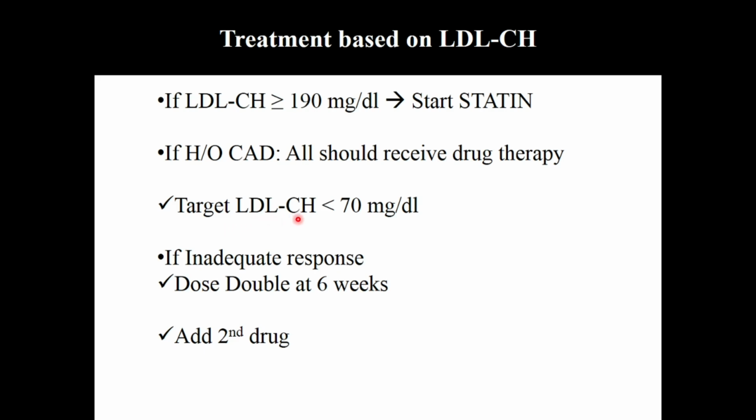Target LDL cholesterol level is less than 70, and if the response is inadequate, we have to check the lipid profile every 6 weeks, and the doses need to be doubled at every 6 week interval. And if this also doesn't work, we should add a second line drug. And usually in any dyslipidemic patient, nowadays the common protocol is to use a statin with a fibrate, except gemfibrozil.